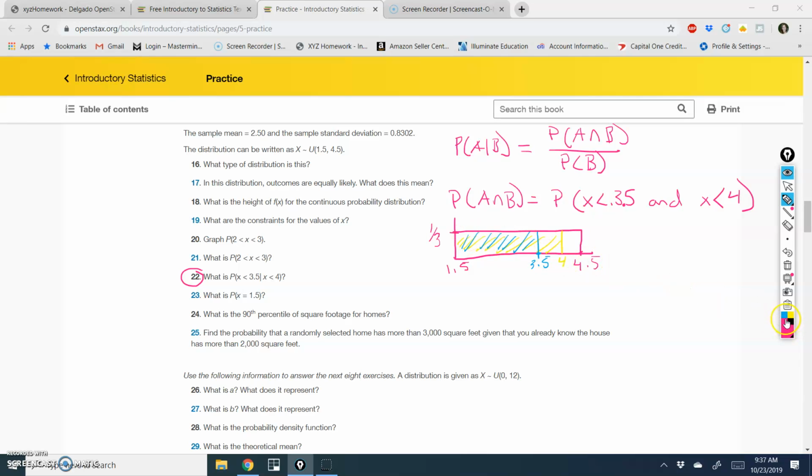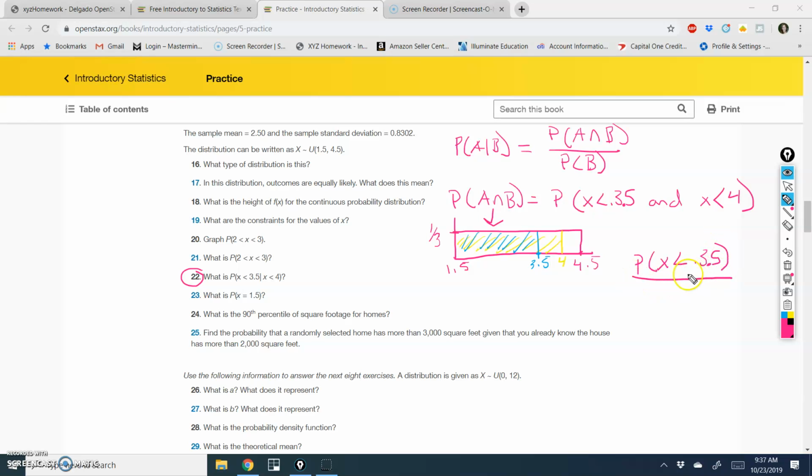So the probability that x is less than 3.5 and x is less than 4 is the intersection, this block of blue and yellow. So P of A and B is this block here, which is simply the same block as P of x less than 3.5, the intersection block.